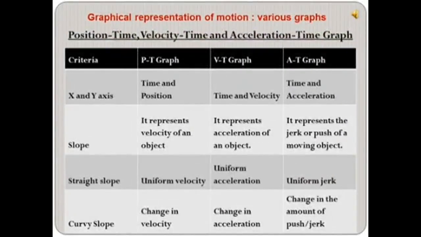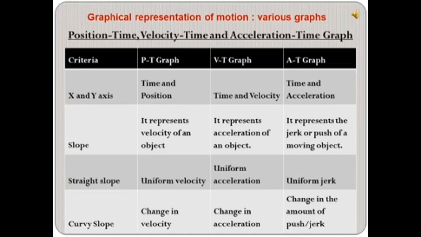Next, I am going to discuss very important features of graphical representation of motion. Here, it describes three graphs, which are position time graph, velocity time graph, and acceleration time graph. This slide shows a table with the criteria and the descriptions of these various graphs.